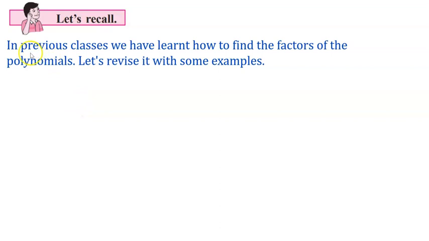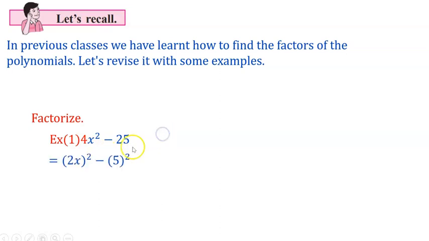Now let us start. In previous classes we have learned how to find the factors of polynomials. Let's revise it with some examples. Factorize 4x square minus 25. Here 4x square is the square of 2x, and 25 is the square of 5.